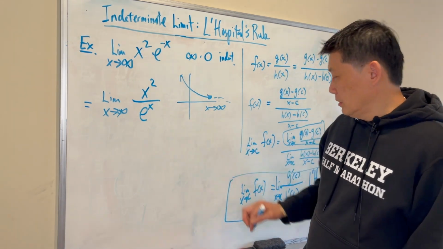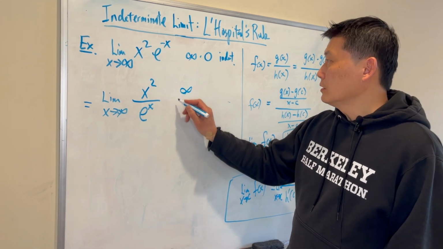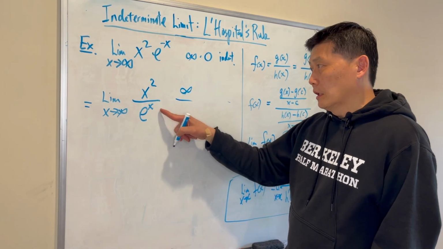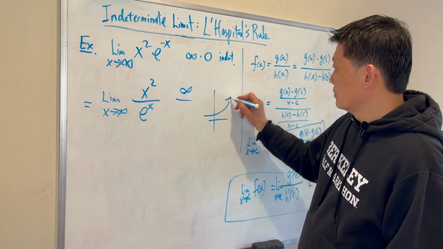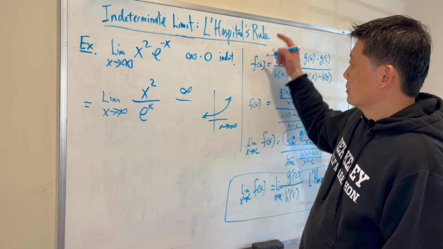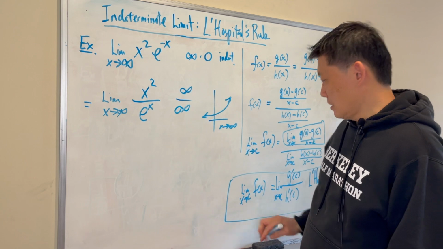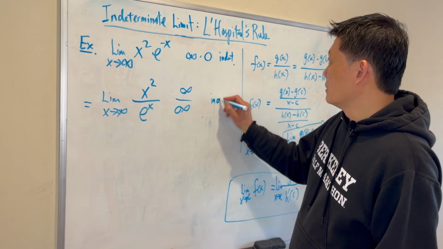Now, if you look at this problem, the top is infinity, and the bottom, e to the x as x approaches infinity, this function gets higher and higher. So it's infinity. So now this is an indeterminate form.